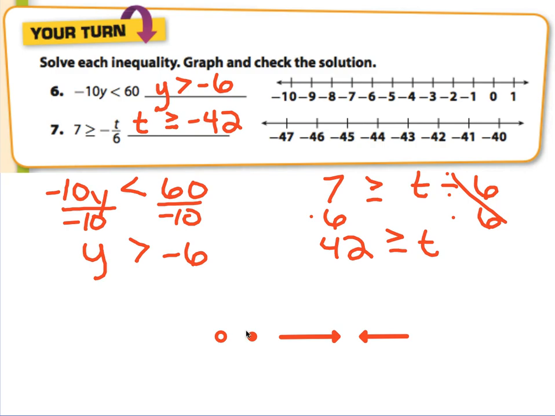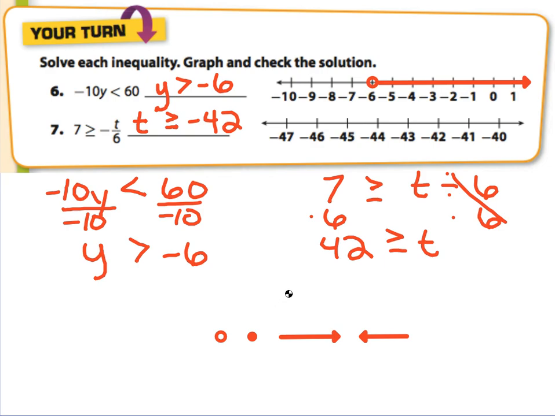All right, so here you should have found that you had to have an open dot on your negative 6 because it could not include the negative 6. Y is greater than negative 6, so it should be pointing to the right, and it should include all the numbers that are greater than negative 6.